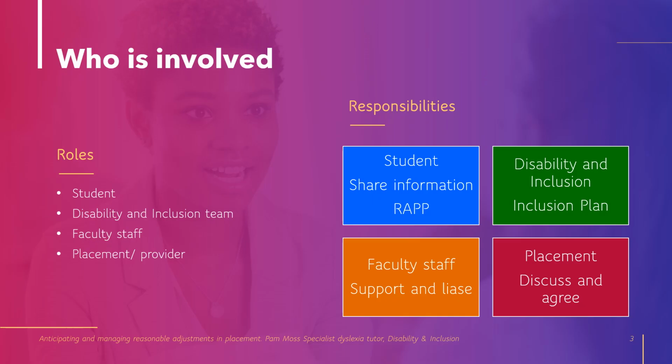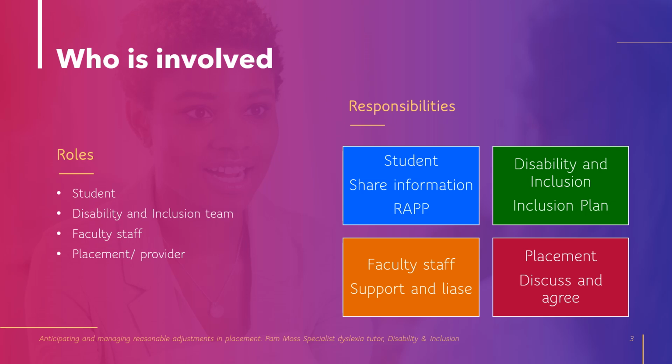So firstly, who is involved in supporting a student to prepare for placement? Well, there are 4 critical teams involved in supporting a student. Firstly, it's the student themselves, as well as disability and inclusion, also the faculty staff and the placement provider.